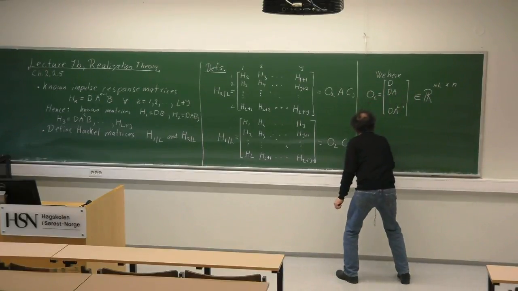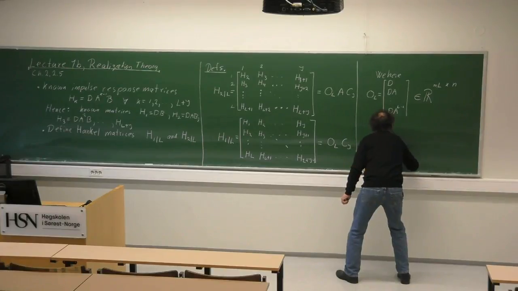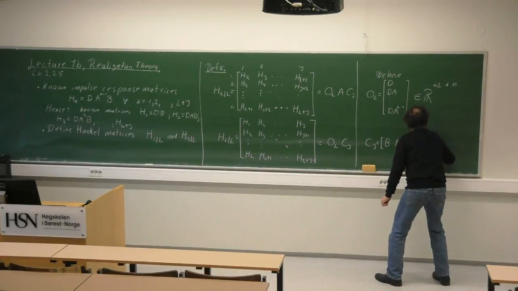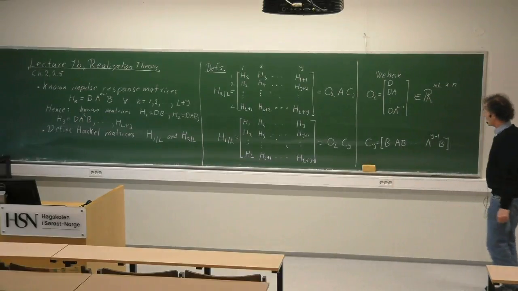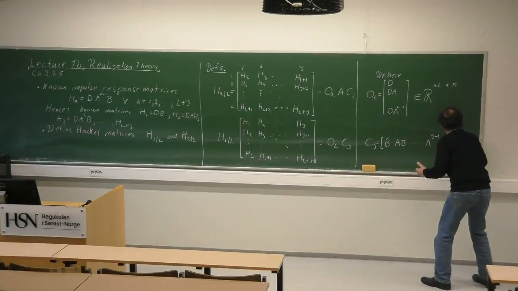And the extended controllability matrix is defined as the matrix here with B and AB like this, up to A in power J minus 1 times B. Similarly, the dimension of this one: it is a real matrix.